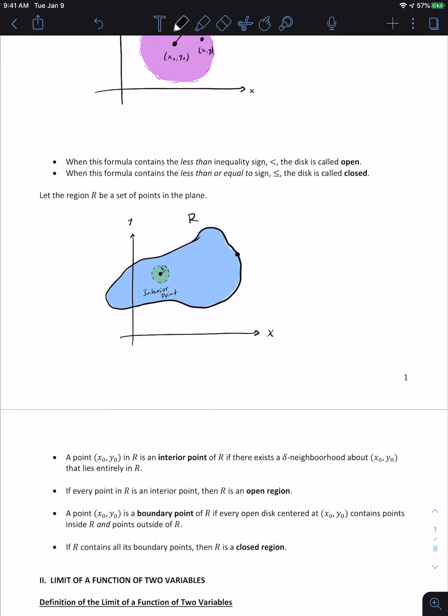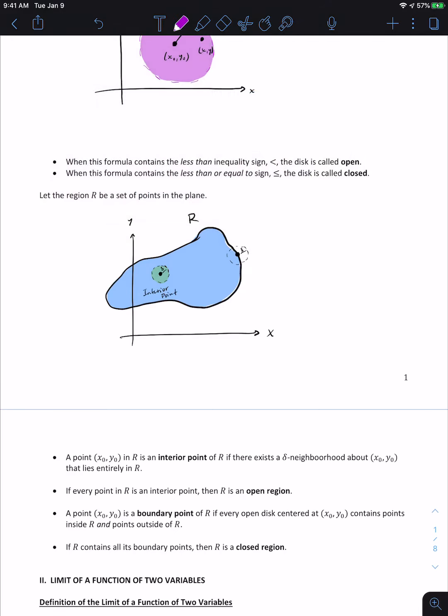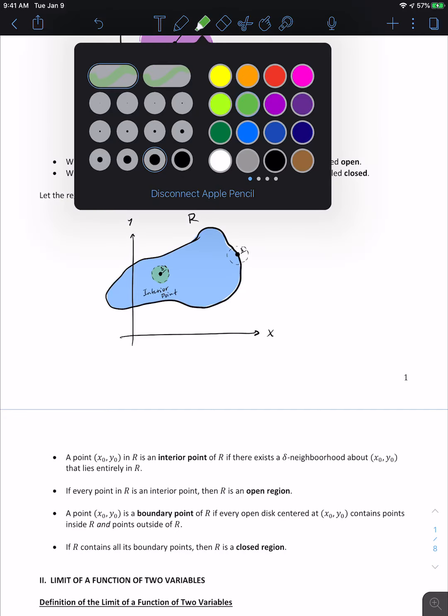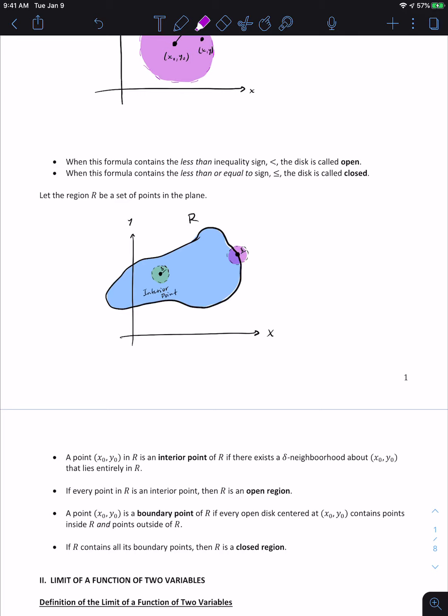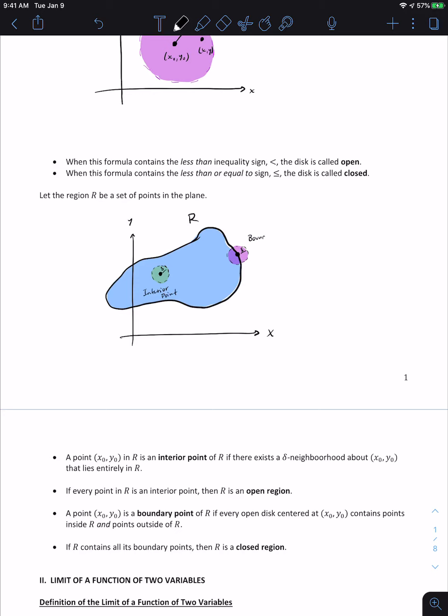For example, this point right here is a boundary point, because in the delta neighborhood that contains it, I can find points on the outside of the region and points on the inside of the region. If R contains all of its boundary points, then R is a closed region. For example, the picture I drew here is a closed region.